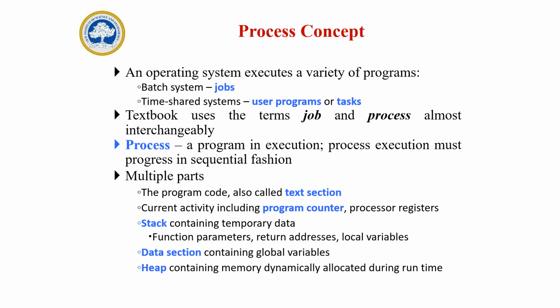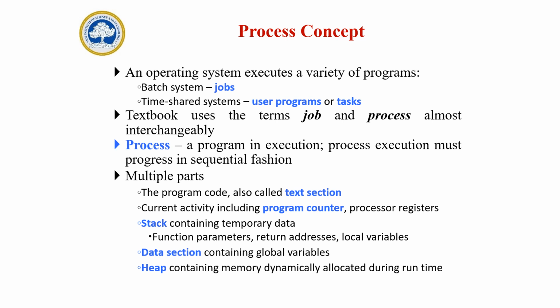So what is a process? A process is a program in execution. What is a program then? Whatever task the user or the system provides is called a program. The program which is under execution is called a process.